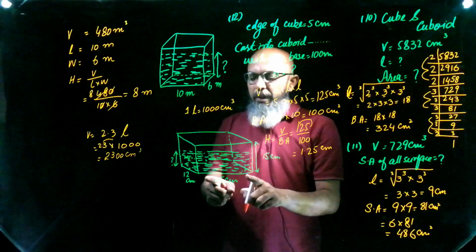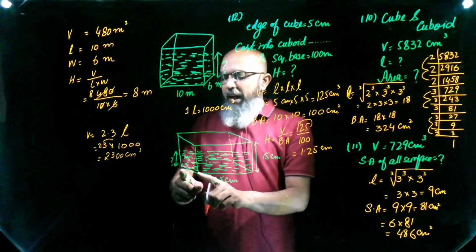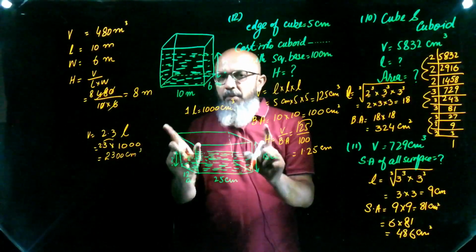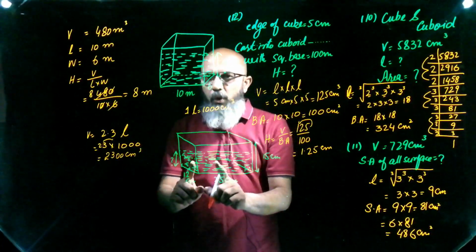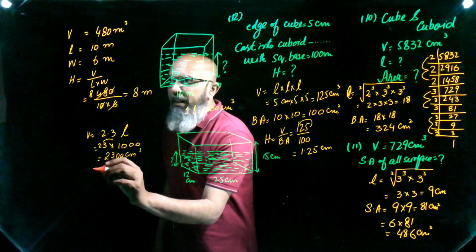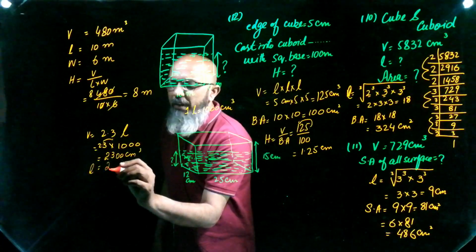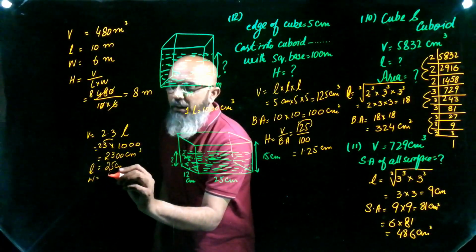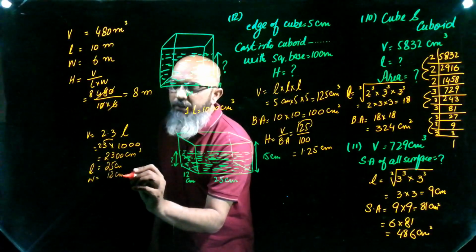Again, now the length and width are given to you and you have to find the height. This is the volume of water, not the volume of the container. Length is 25 centimeter. Width, or you can say breadth, is 12 centimeter.